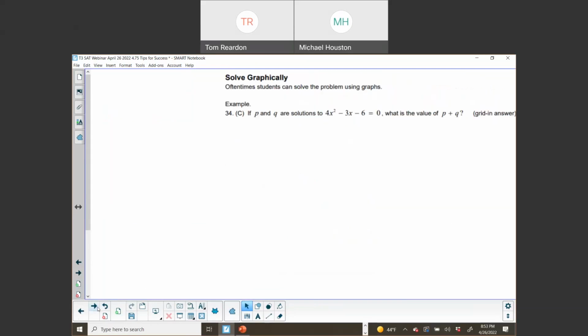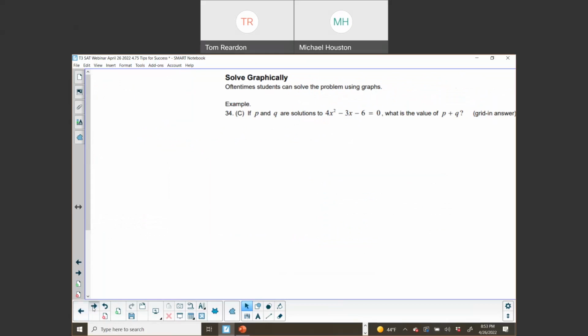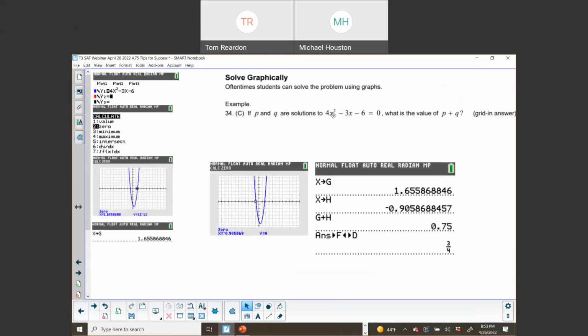Okay. Structure. Solving graphically. I'm going to have to talk you through this, but I hope you'll like this one here. So when I solved this graphically, I found the zeros, and the zeros were these awful, awful numbers, probably irrational numbers. Like 1 plus the square root of 5 over 2 and 1 minus the square root of 5 over 2 or something. But it asks what's the addition of those two solutions.